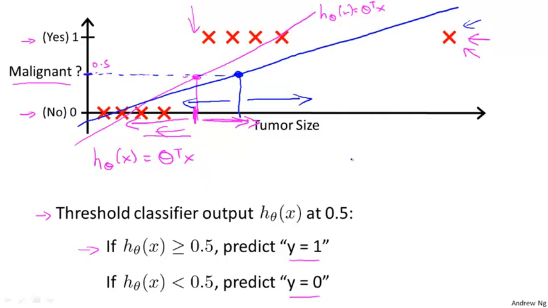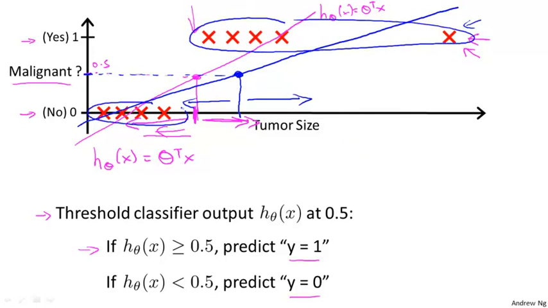And this seems a pretty bad thing for linear regression to have done, right? Because these are our positive examples, these are our negative examples. It's pretty clear we really should be separating the two classes somewhere around there. But by adding one example way out here to the right, this example really isn't giving us any new information. It should be no surprise to the learning algorithm that the example way out here turns out to be malignant.